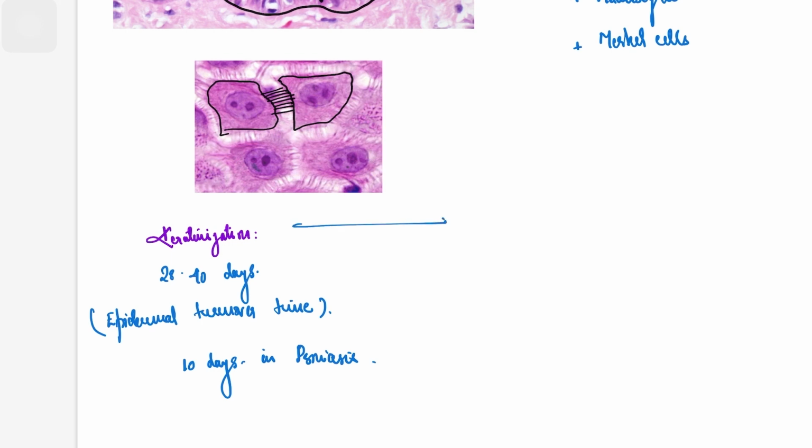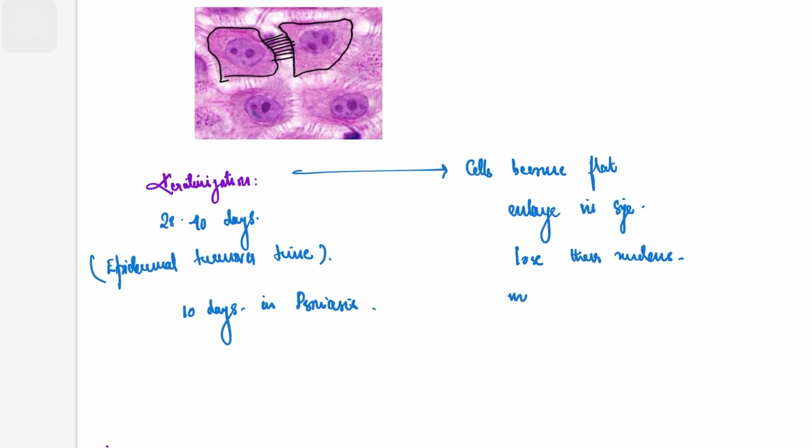So what happens in keratinization? Cells become flat, cells enlarge in size, cells lose their nucleus, and the metabolism is stopped.